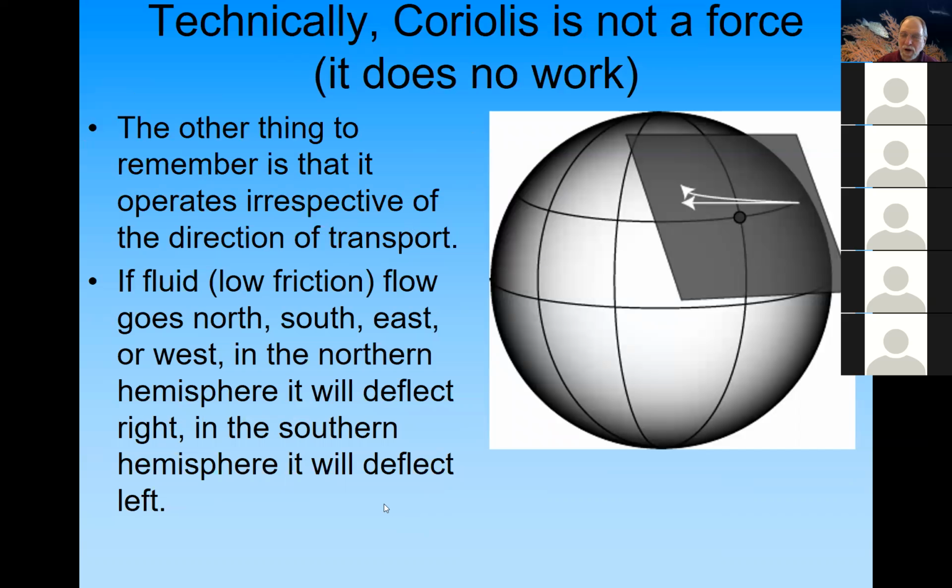And if you recall, when you looked at that cartoon that I showed of the cannonballs and the arrows, when you backed off and you were no longer in the Earth's reference plane, these deflections of Coriolis disappeared. But they're real in the world in the sense that they change the direction of motion for all objects traveling across this rotating sphere.